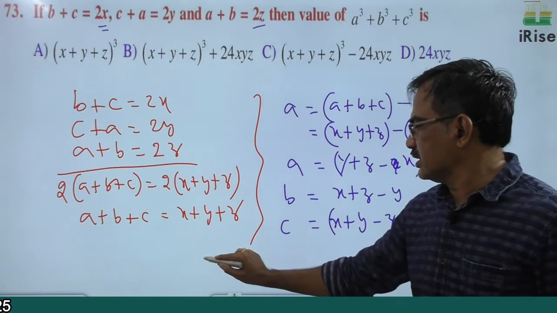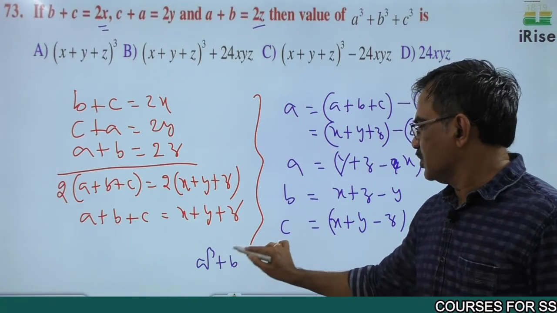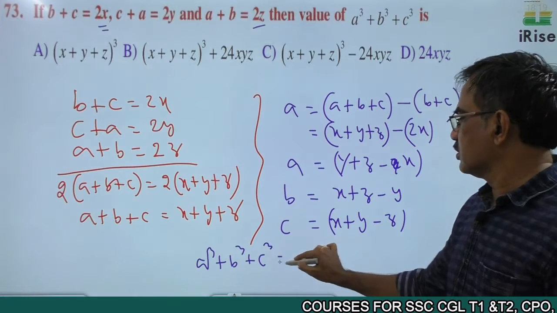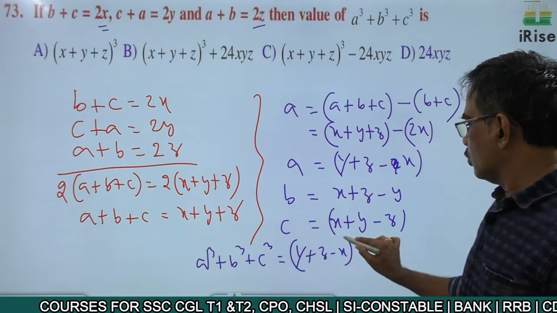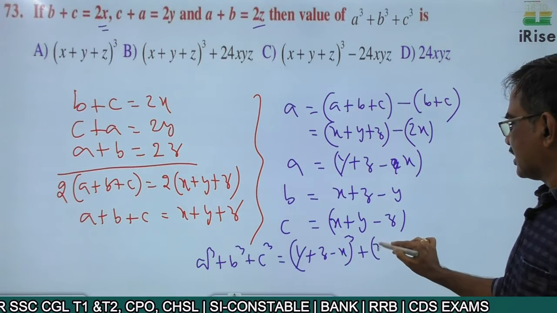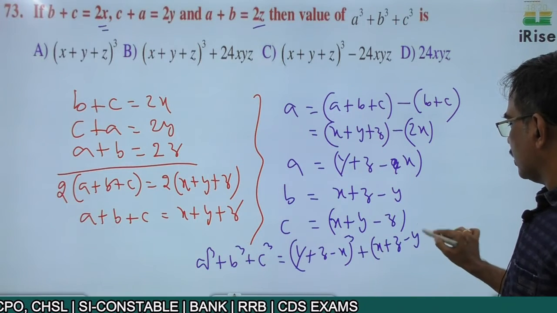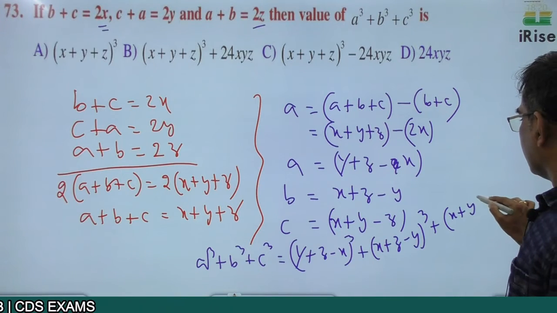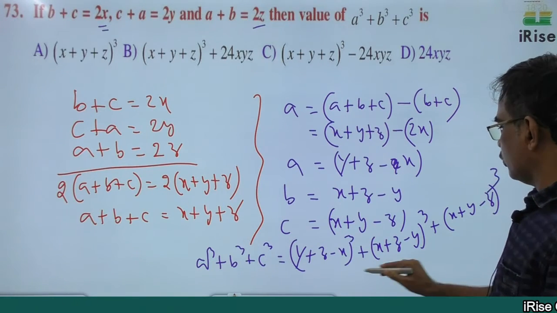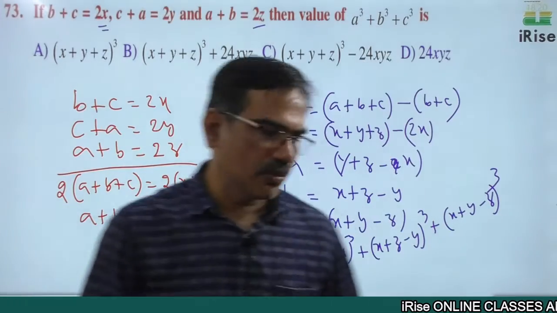So then what is A cube plus B cube plus C cube? (y plus z minus x) whole cube plus (x plus z minus y) whole cube plus (x plus y minus z) whole cube is equal to, I have given a formula for this.